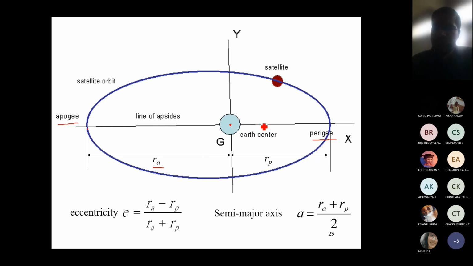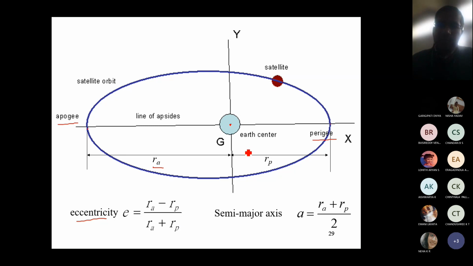From the center of the Earth to the perigee point, this distance is represented by RP. From this, we can find the eccentricity. Eccentricity is RA minus RP divided by RA plus RP.